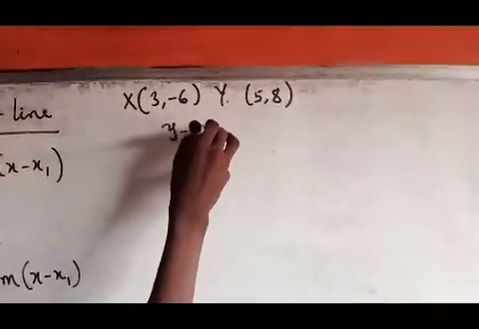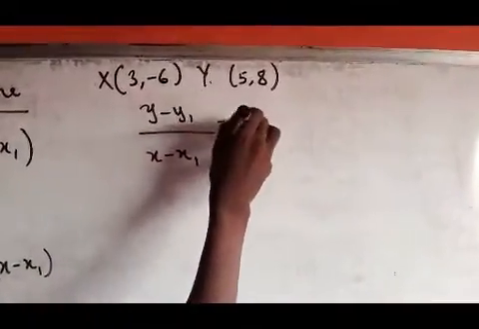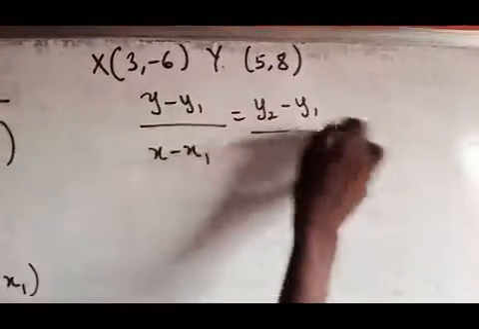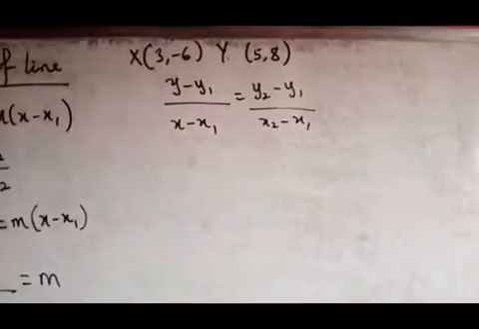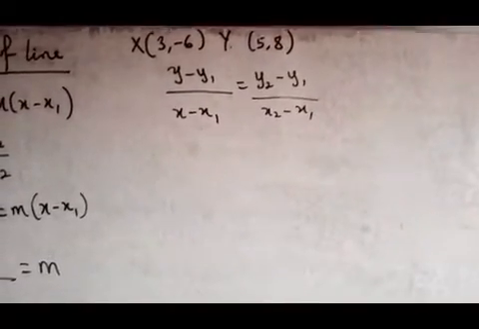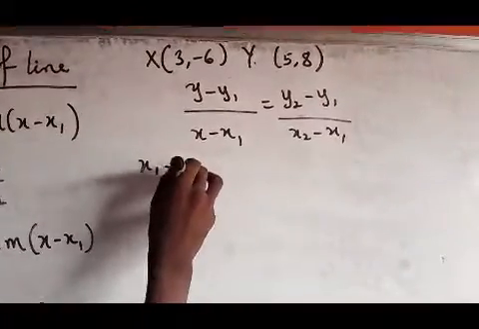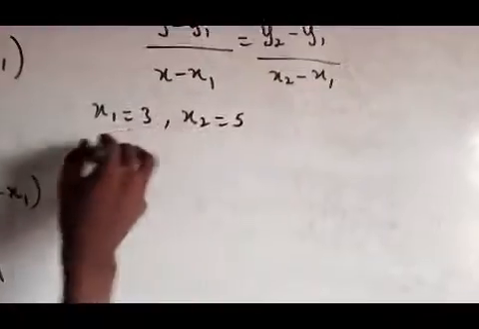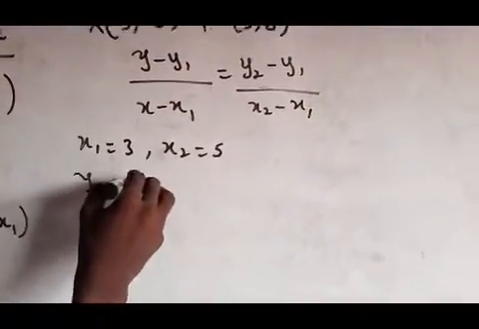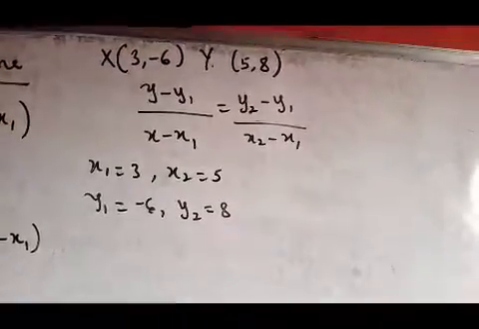Y minus y1 over x minus x1 equals y2 minus y1 over x2 minus x1. Alright, so what are our points? Our x1 is equal to 3, our x2 is equal to 5, and our y1 is equal to minus 6, our y2 is equal to 8. So let's input it into our formula.